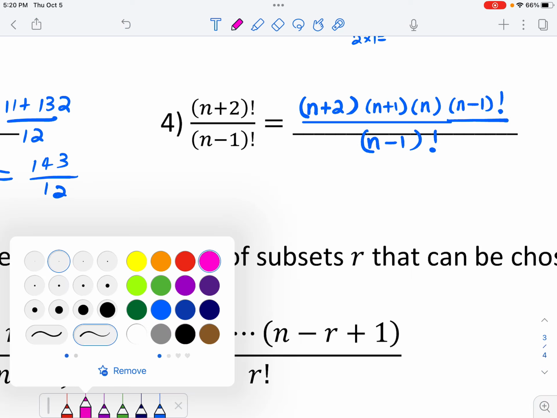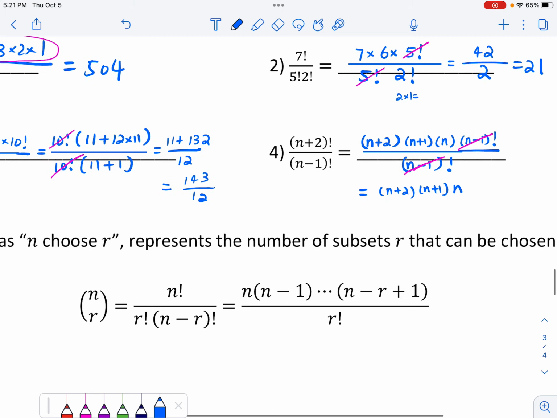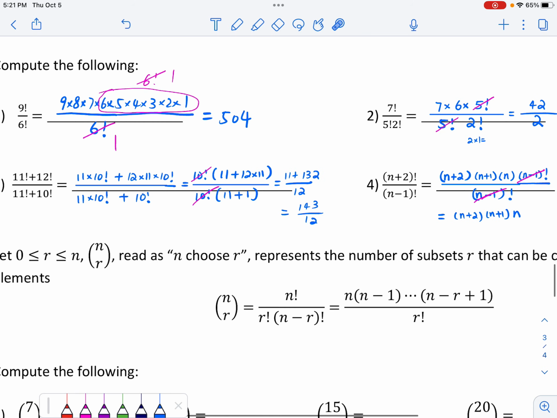Let's cancel that, and then this is equal to n plus 2 times n plus 1 times n. So you do want to work with something like that, because real soon when we do proofs, we need to be familiar with this stuff.